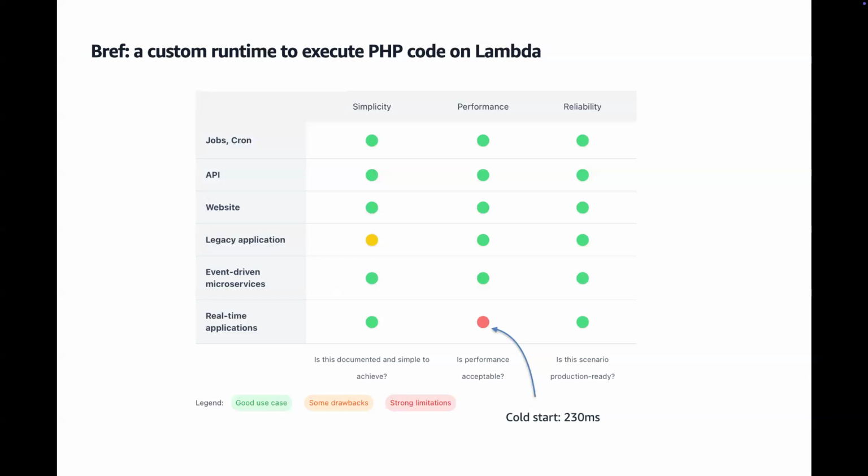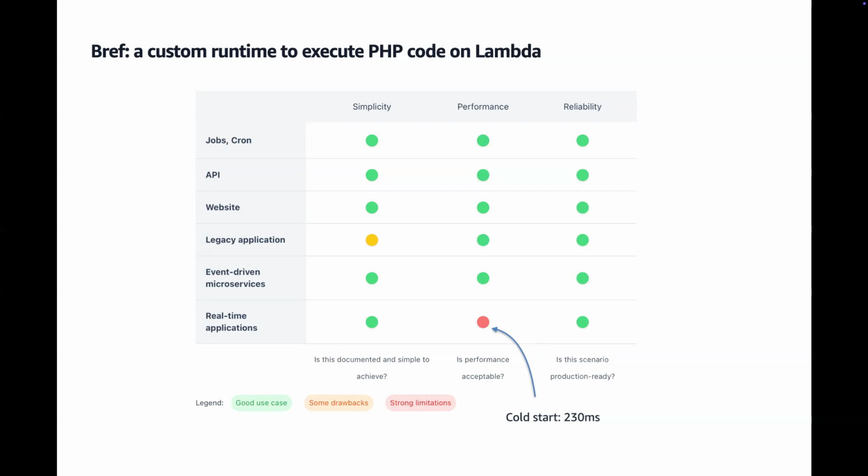The only applications that won't work with Bref are the applications that really require real time on a very consistent pattern. So if you need like 10 milliseconds response time for 100% of your requests, then Bref is not adapted, because sometimes you will have a cold start, and cold starts with the Bref framework are about 230 milliseconds.